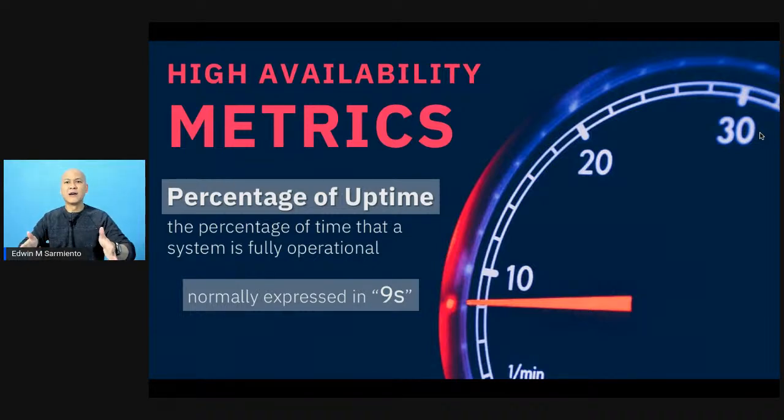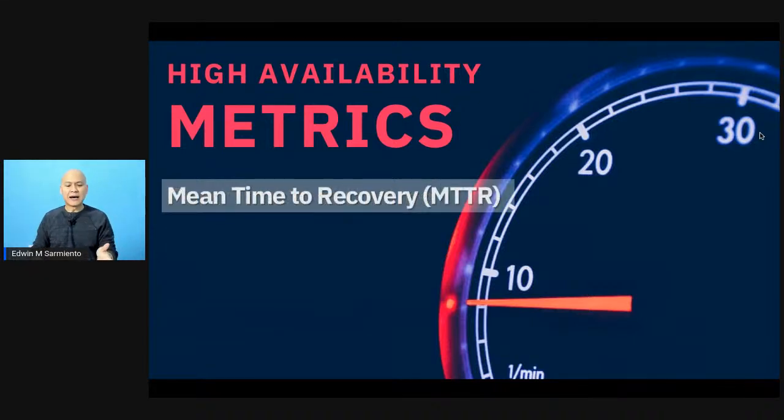Because there is no such thing as zero downtime and zero data loss. If you disagree with that, blame physics. There is no such thing as zero downtime and zero data loss. That's just physics. Okay, and that's why the conversation with high availability would start with how many nines? How many nines, right?